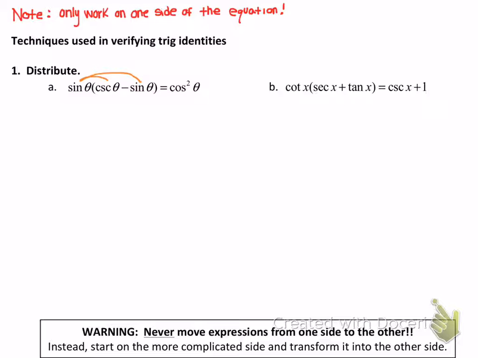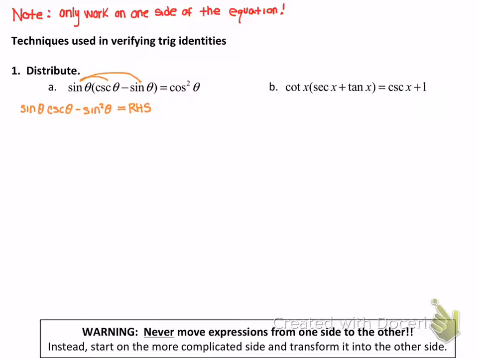When I distribute, I will have sine of theta times cosecant of theta minus sine squared theta, because we have sine times sine. And then this equals our right hand side. When I write RHS, I know that I'm not going to move things to that side. It's going to stay equal to our right hand side the whole way down.